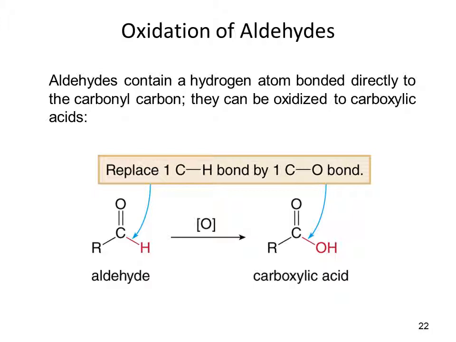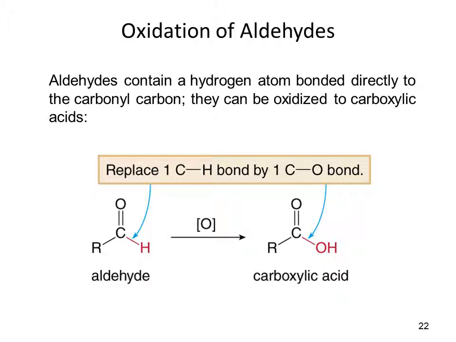Aldehydes can be oxidized one step further. We've already seen this. Primary alcohols can be oxidized in the first step to an aldehyde, and then in the next step it is taken down to a carboxylic acid. Notice that in the step making the aldehyde out of the primary alcohol, there is a hydrogen removed from the oxygen and a hydrogen removed from the carbon.